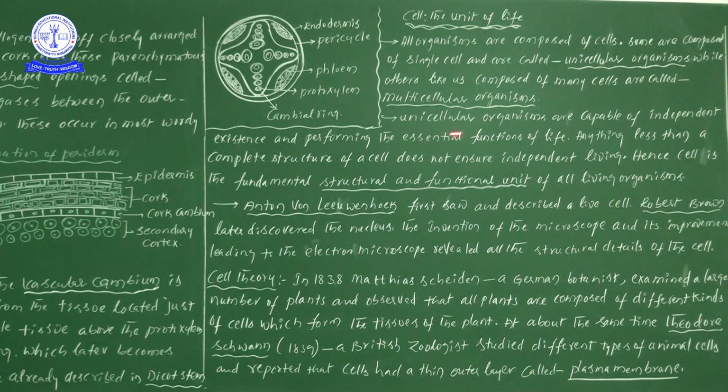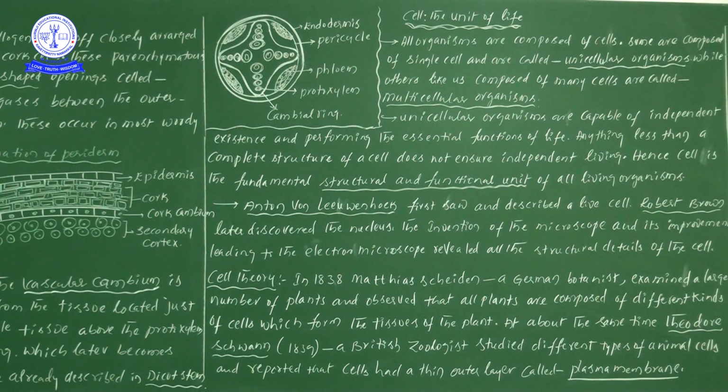what is the point? Unicellular organisms are capable of independent existence and performing the essential functions of life. So in that particular organism, what functions does it require? All functions take place in that particular single cell.